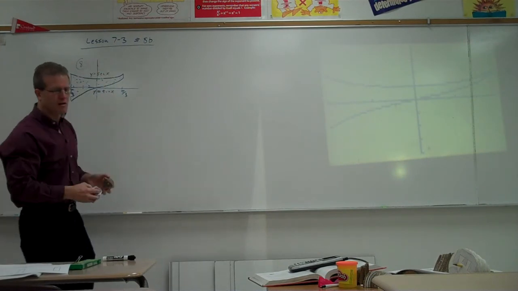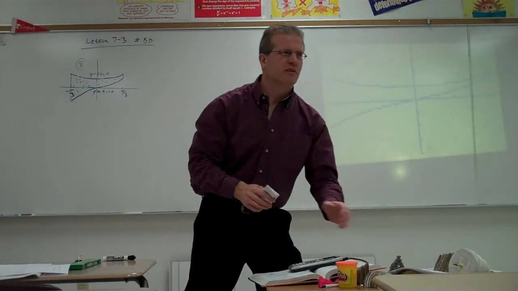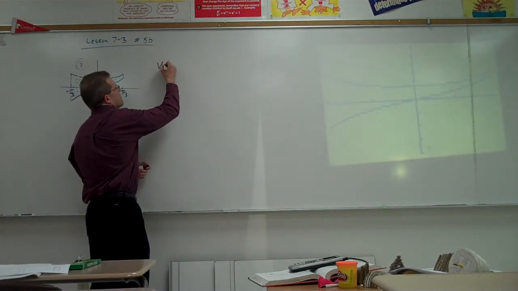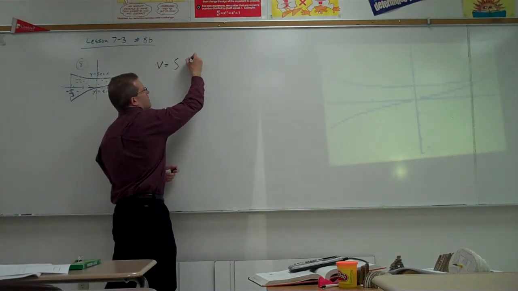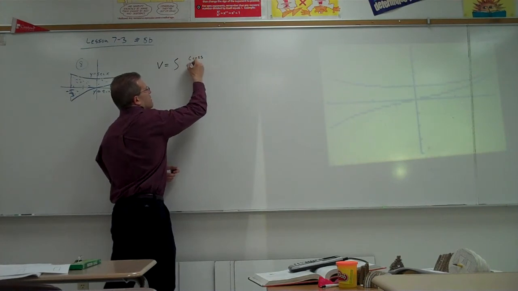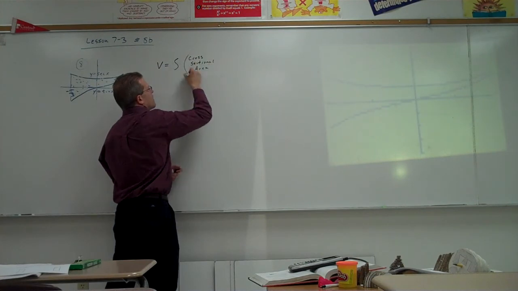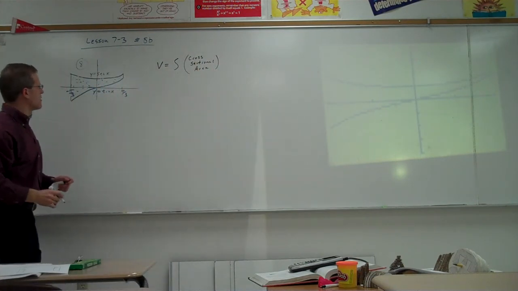Now these squares are too small, but something like this with squares coming out of the board at you. Alright, so we know that the general formula you want to use when you do a problem like this is the volume is equal to the integral, and then you have to have your cross-sectional area here, which in this case is a square, and then times either dx or dy.